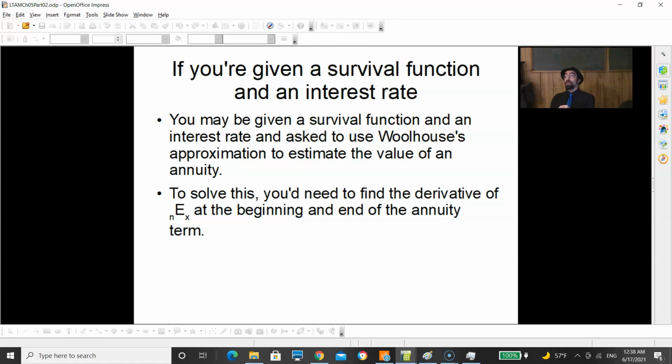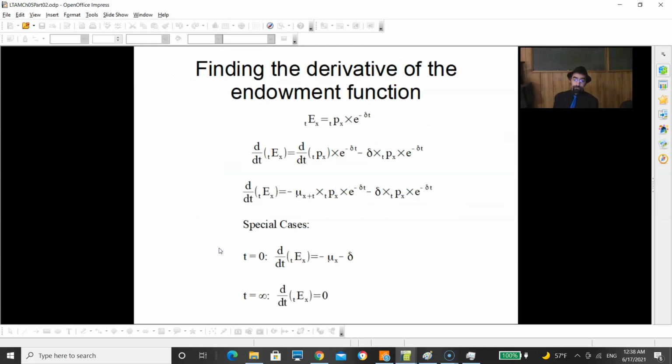So now you need to use Woolhouse's formula. And to use the third term of Woolhouse's formula, you need to find the derivative of nEx, right? Because Woolhouse's formula calls for a derivative. And to do that, we know tEx equals tPx times e to the negative delta t. Differentiate.